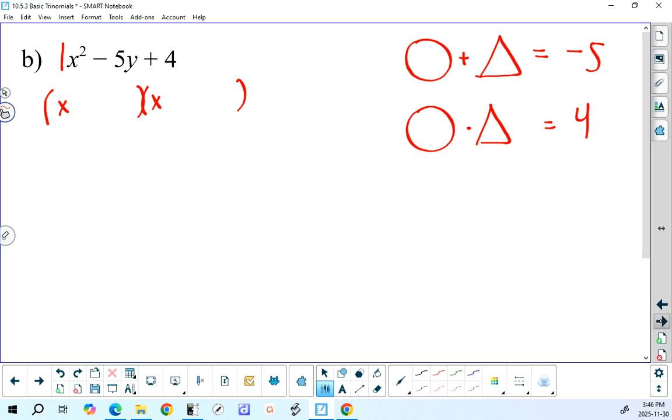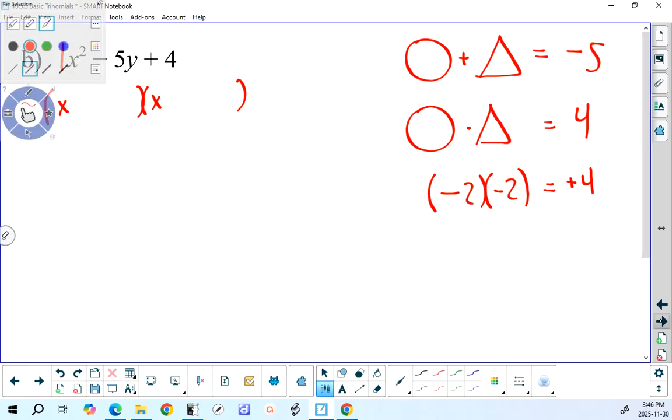But if the two numbers add to give a negative and multiply to give a positive, the only way that's going to happen is if the two numbers are negative. For example, negative 2 multiplied by negative 2 gives you positive 4. In fact, if that's your starting point here, then you can say, yep, that worked.